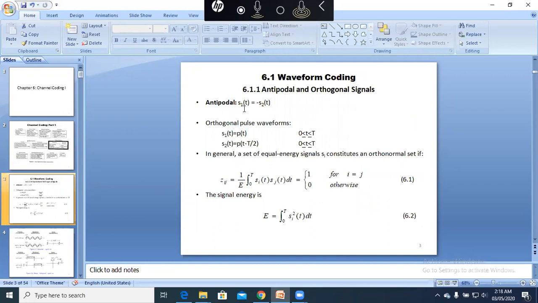Antipodal signaling is just the inverse of the signal. For example, if you are representing an antipodal signal, it is plus minus root E. The orthogonal signal set is in fact a time shifted version of the pulse by T/2 time, and the other pulse with a 0 starting time.